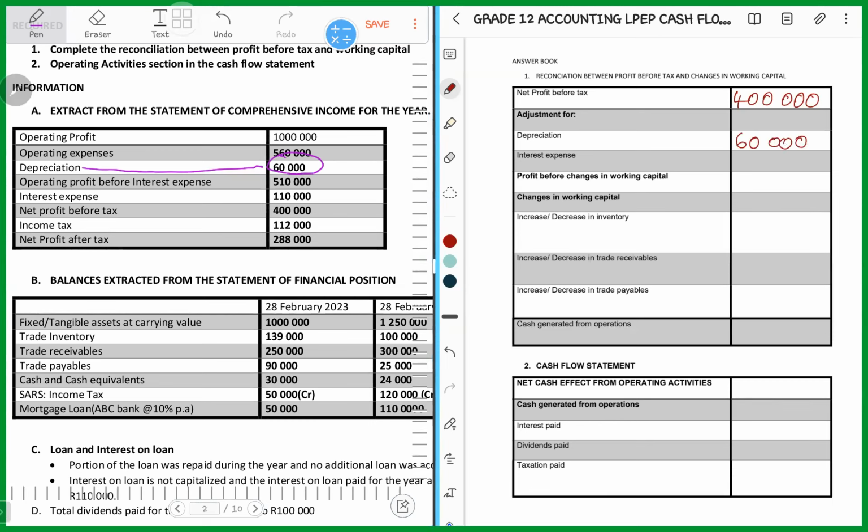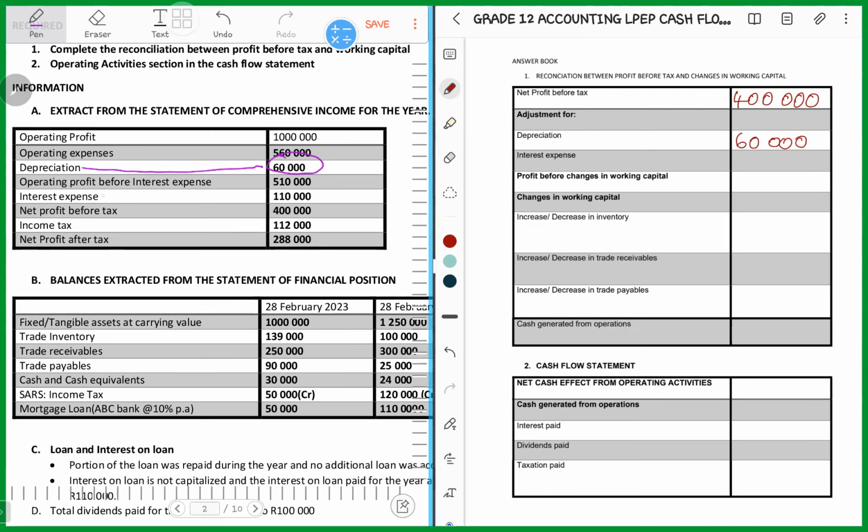Okay. Then again, we have to recall the interest expense. Remember, we are adjusting it, we are adding it again because we still have to calculate the interest that was paid for the year. Then this one, we are also going to find it in the statement of comprehensive income. Now, how much is the interest expense?